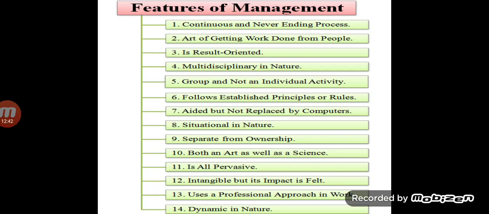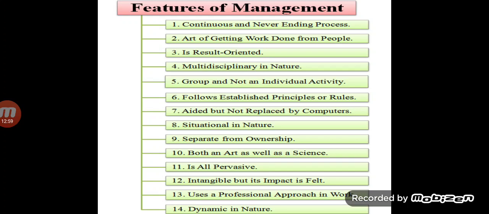So we can say that it is multidisciplinary in nature. It cannot focus on only a single criterion or a single activity, but performs many activities and focuses on many departments. That's why it is multidisciplinary in nature.